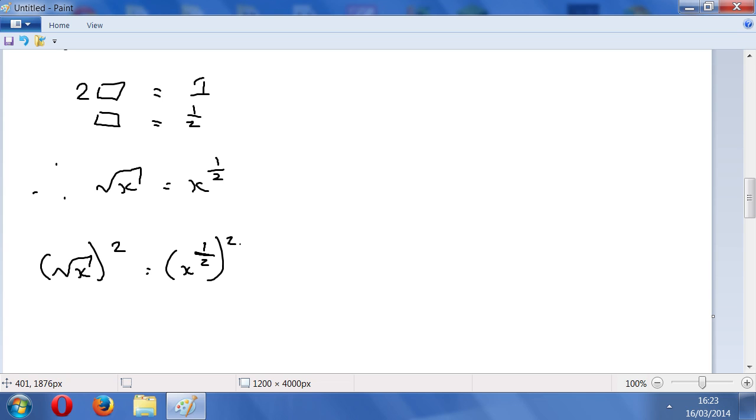Just trying to think how I would get to this. X to the half squared is going to be x to the 2 halves.